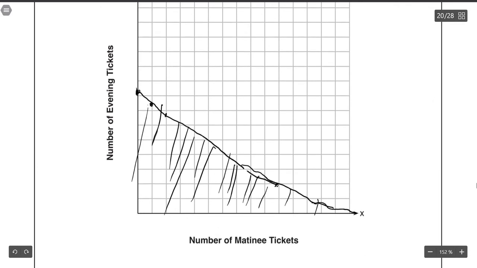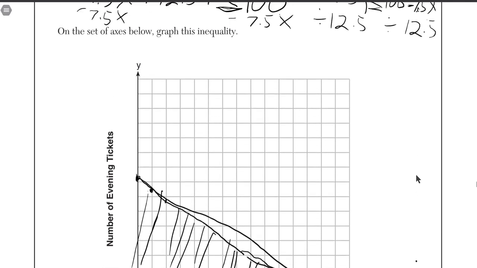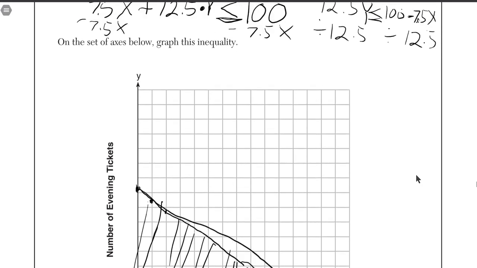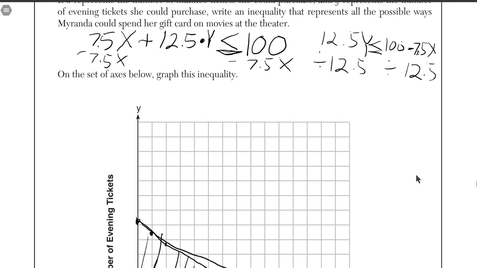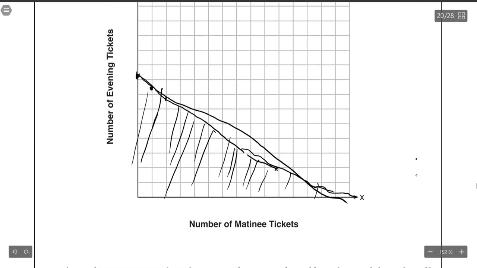This is a solid line. Let's see, what's the next part? Oh, and also this should be labeled. Well, actually, there's nothing to label it here. Maybe this should be labeled 1, 2, 3, etc. And this 1, 2, 3, etc.